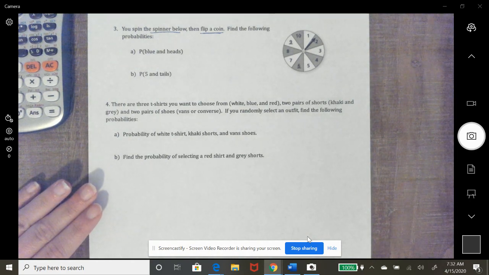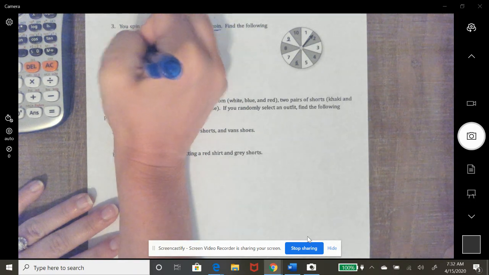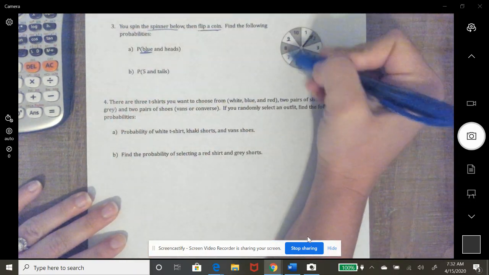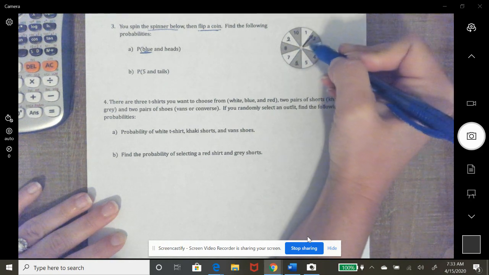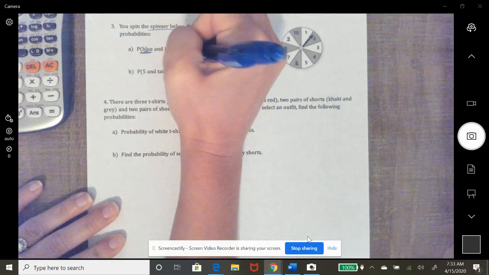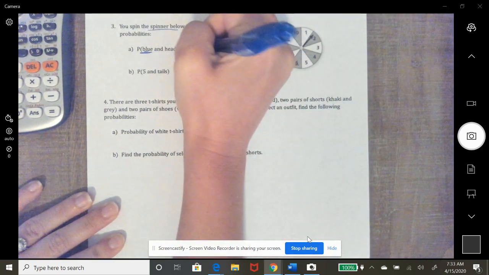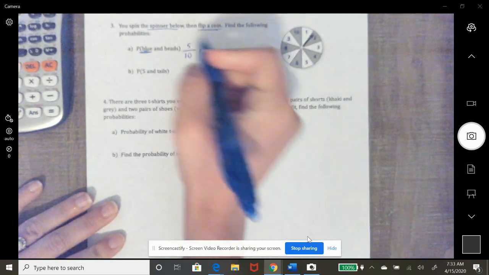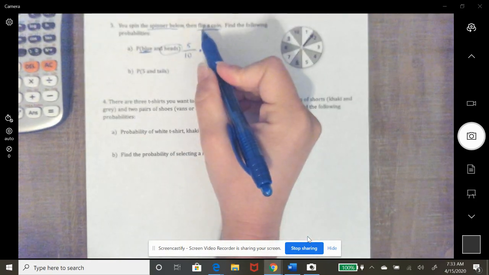Find the following probabilities. Letter A, the probability you get a blue. That's talking about the spinner, and the blue ones are the shaded ones here. So we have 1, 2, 3, 4, 5 that are blue out of the 10 sections total. We're still multiplying. Now, getting a heads has nothing to do with the spinner. It has to do with our coin.